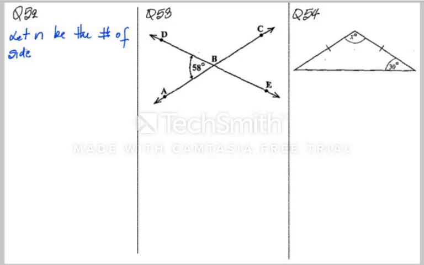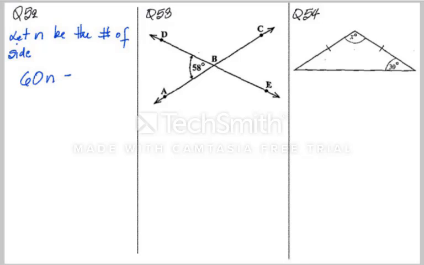So if I let n be the number of sides of this polygon, I do not know what n is, but since it's a regular polygon, if it has n sides, it must have n exterior angles, and each exterior angle measures 60 degrees. If I add them, I'm going to get 60n.